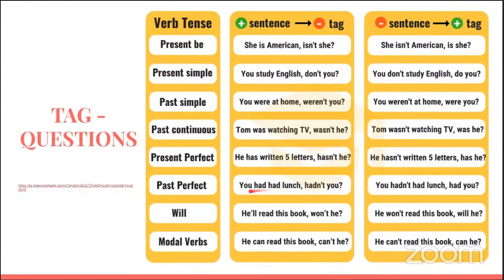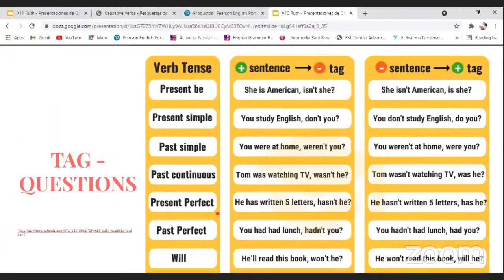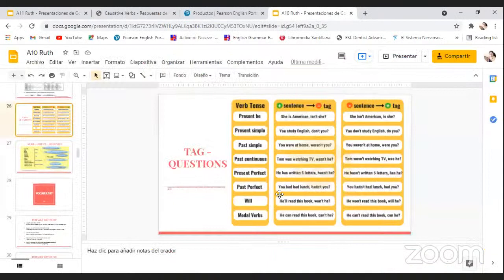Just because we are talking about the past perfect tense. This is not causative. This is past perfect tense. But when we are talking about causative, no, we cannot use double had. Why? Because we will be changing from causative to past perfect. And it wouldn't be causative anymore, right?